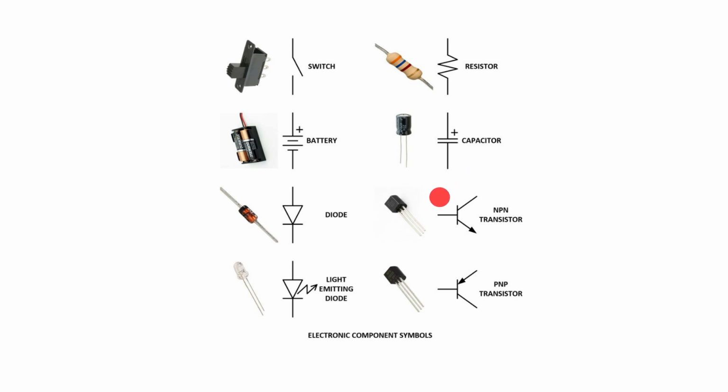Then we also have transistors. We have NPN and PNP, but we're not going to cover them. These are also important components, and they are going to be very important in helping us understand how computers work.